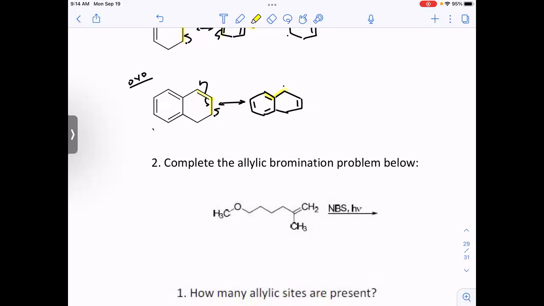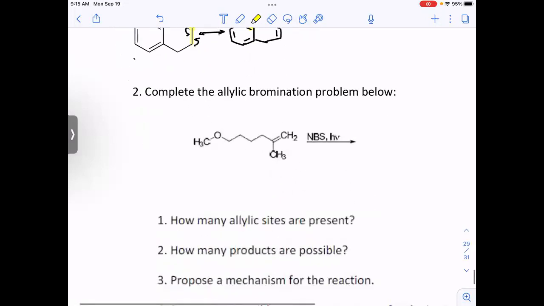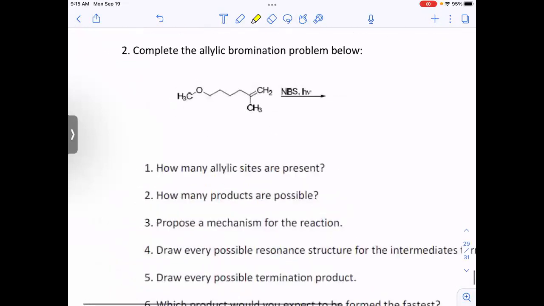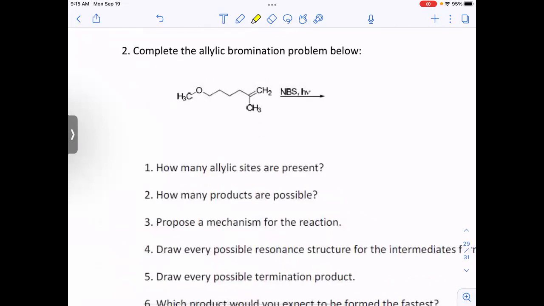All right, let's go to this problem down here, and it asks a couple of questions. We can answer 1 and 2 right away. So number 1 asks, how many allylic sites are present?